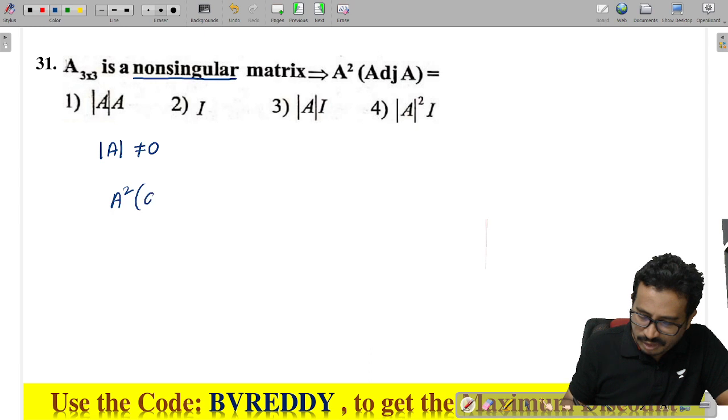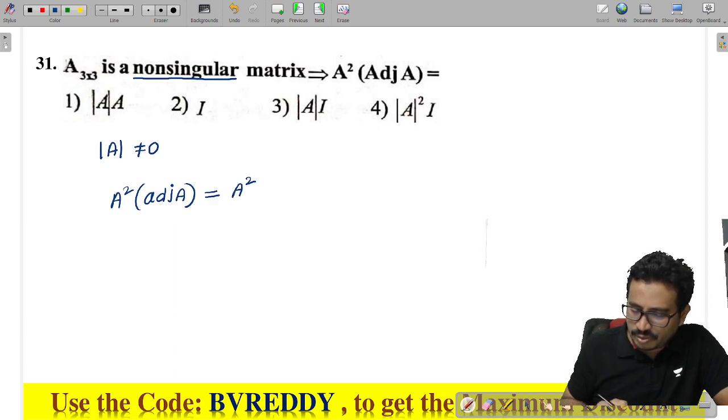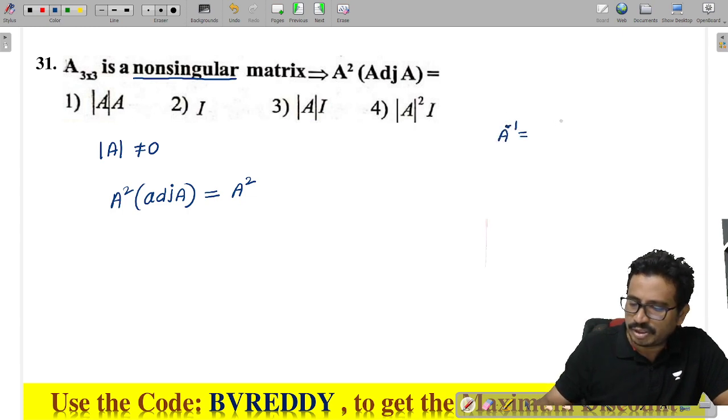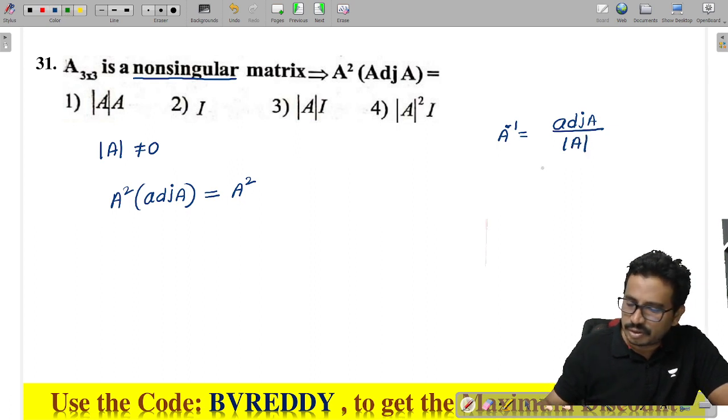They are asking to find A square into adjoint A. As we know, A inverse is given as adjoint A by det A. So from this we can get the adjoint of the matrix, adjoint A, which is A inverse into the determinant of the matrix.